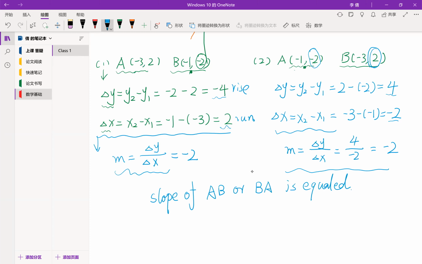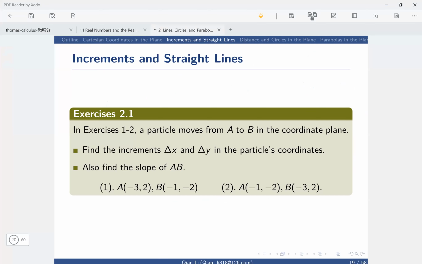So whether we use AB to compute the slope or use BA to compute the slope, the slope is also equal. So the slope can be computed using AB or using BA. Okay, this is the slope of the line. Got it?